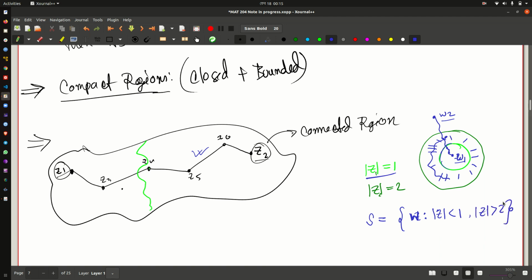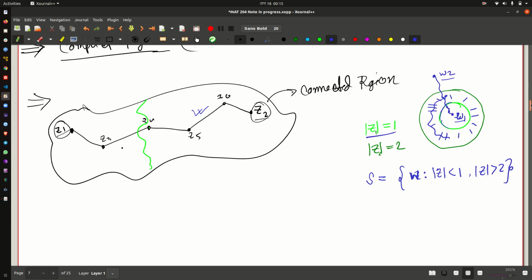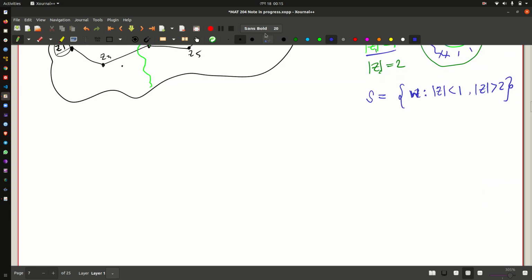Now one important thing while discussing functions, whether in real or complex variable, is the topic called a domain. And what is a domain? Well, a connected open region is called a domain. It's as simple as that. So what is a domain?